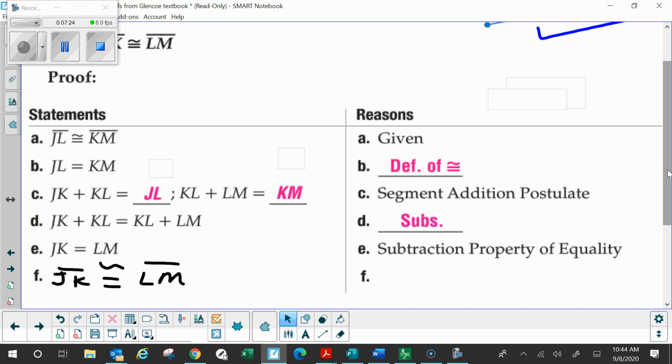From step D to step E, we went from JK plus KL equals KL plus LM. What did we subtract out? It tells us we're using the subtraction property. We subtracted out KL. So now we can say JK equals LM. If we're going from segments are equal to segments are congruent, what property is that? Definition of congruence. Yes.